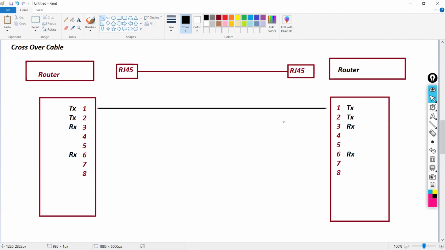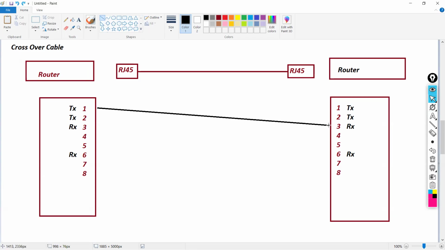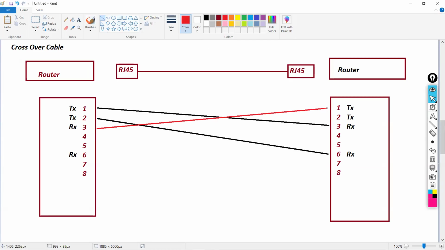Okay. So what do we need? When router 1 transmits, router 2 should receive. So my pin number 1 should connect where? Pin number 2 should connect where? Pin number 3. Let me change the color. And pin number 6.